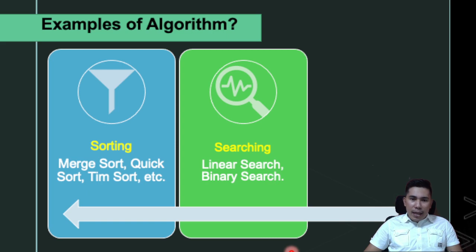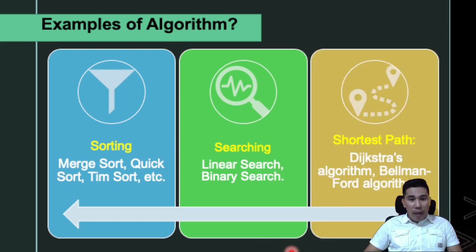Okay, and then we have the shortest path, and the examples here are Dijkstra's algorithm and the Bellman-Ford algorithm. Some pronounce this in other countries as Dijkstra or Dijkstra algorithm, it depends on what nationality you are.